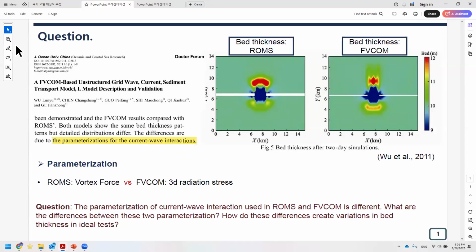Most of the changes concern how the vertical profile is handled, so the formula is different. This can cause differences. It is very hard to say which one is better, so I don't want to conclude that FVCOM is better than the other model, because we don't have real data to compare.